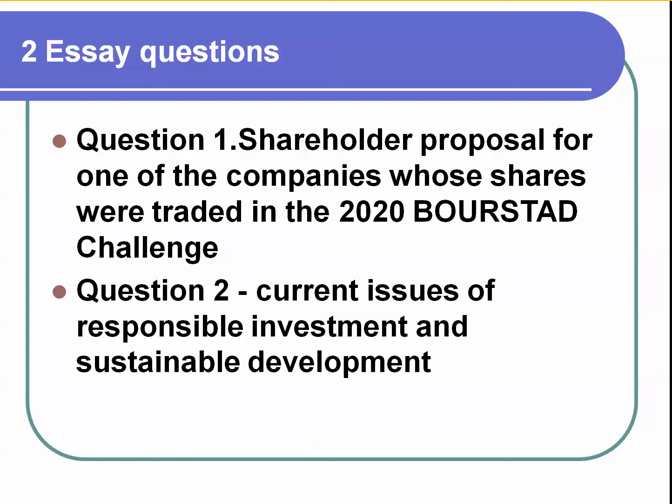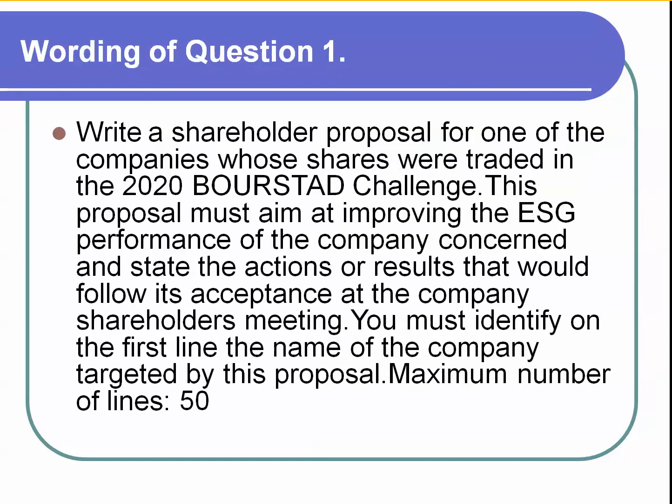2 essay questions. First question, that's a shareholder proposal for one of the companies whose shares were traded in the 2020 Bourstad Challenge. And the second question asks you to list current issues of responsible investment and sustainable development as we speak.